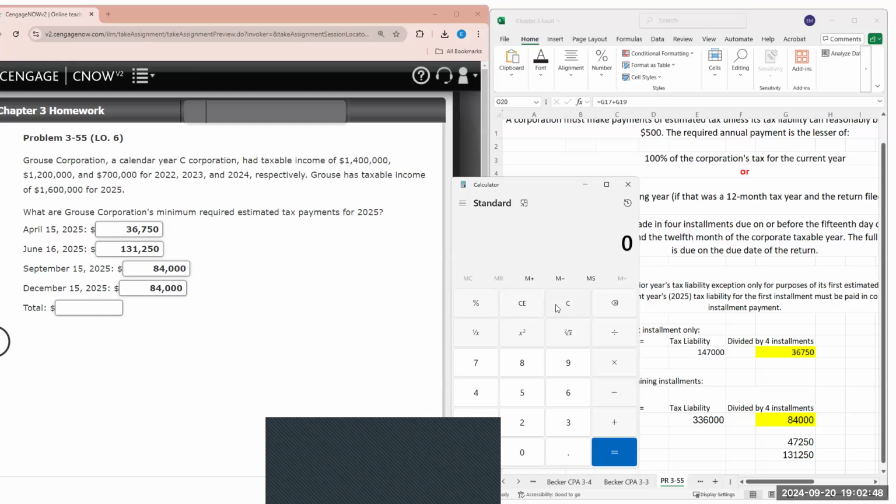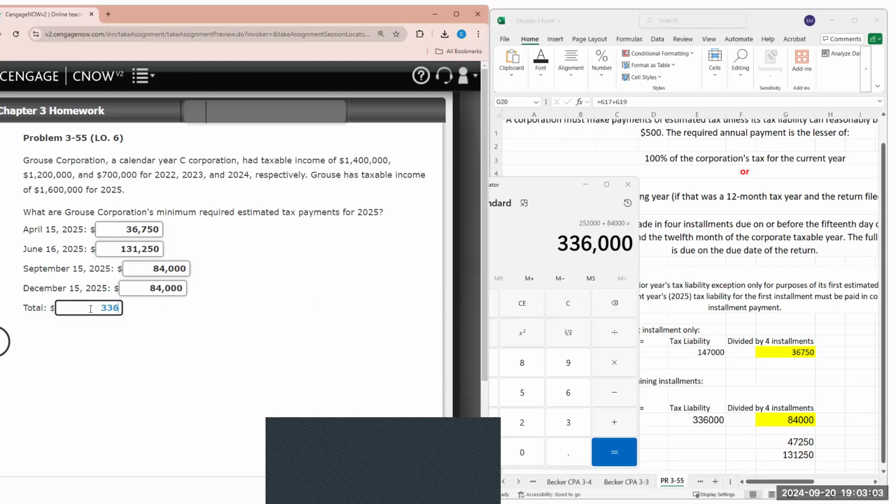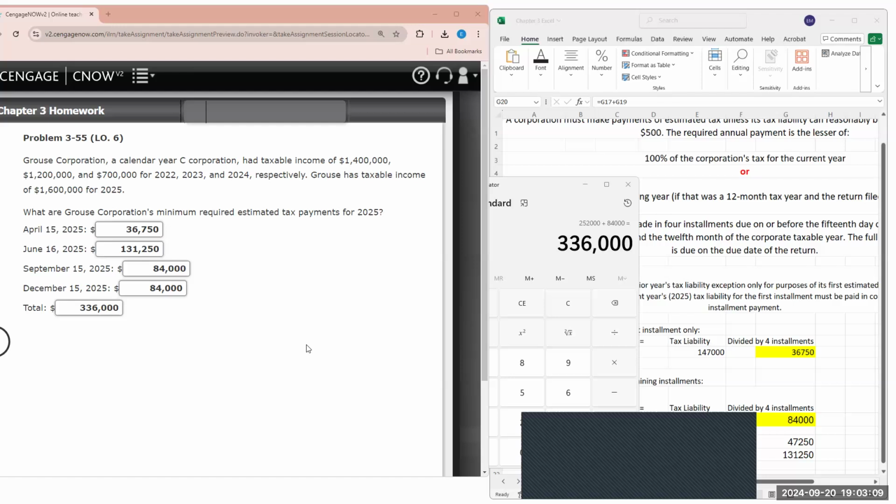So we calculate the total 36,750 from the first quarter, 131,250 from the second quarter, 84,000 from the third quarter, and 84,000 from the fourth quarter, for a total of $336,000 of estimated taxes.